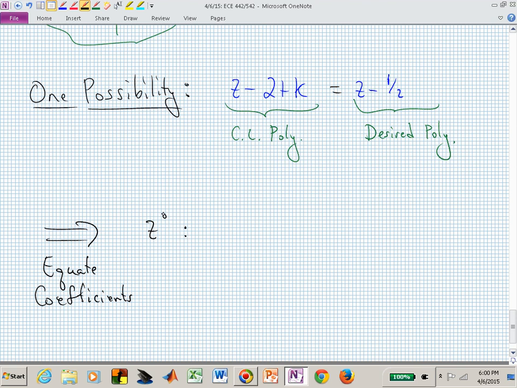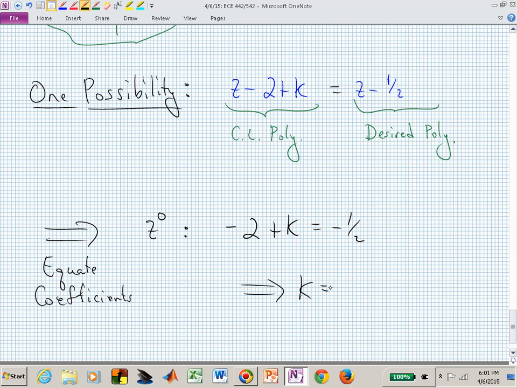In particular, I'm interested in the constant coefficients, since the coefficients of z to the 1 are the same already. I don't have to worry about those. If I look at the constant coefficients, I then have on the left minus 2 plus k equaling minus 1/2.